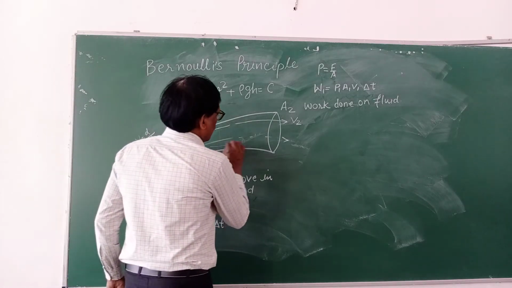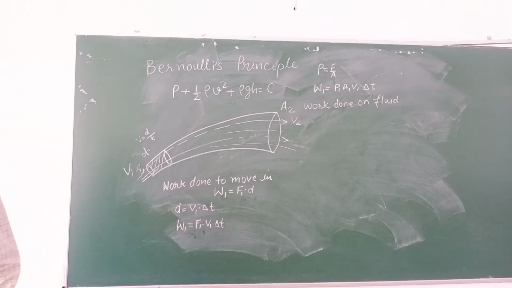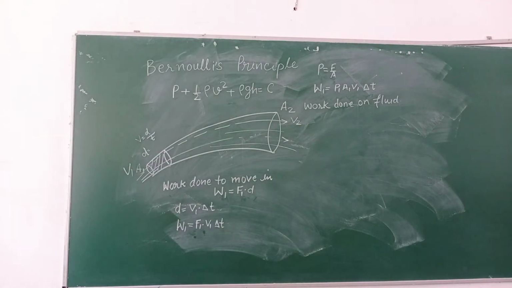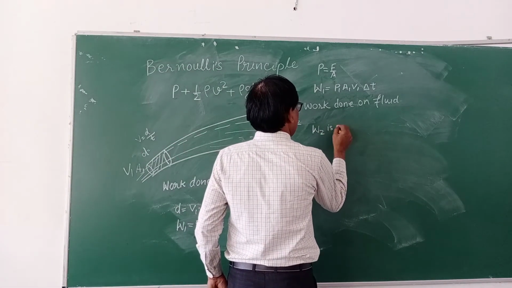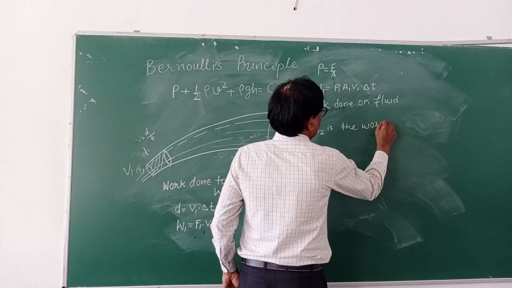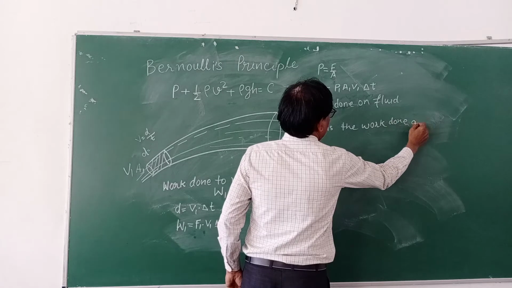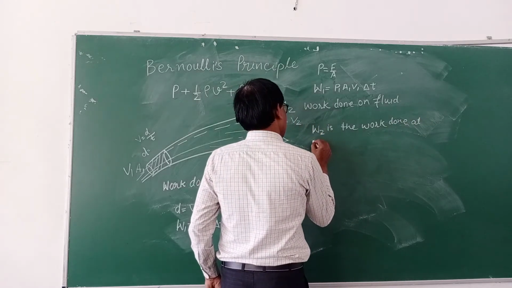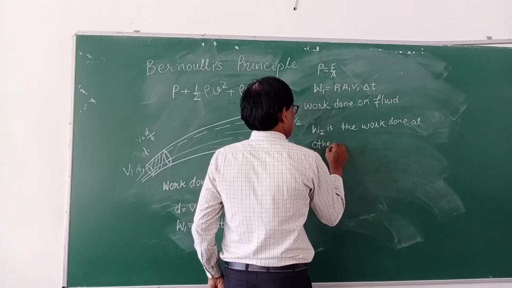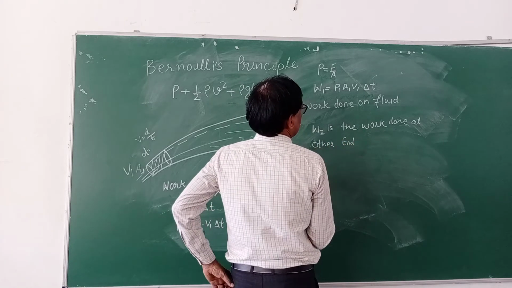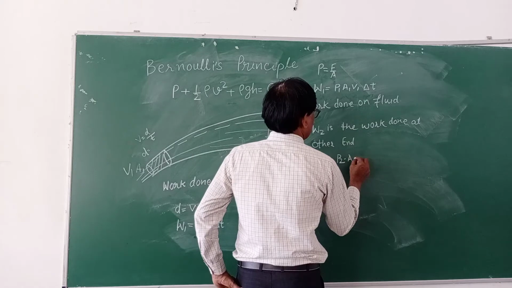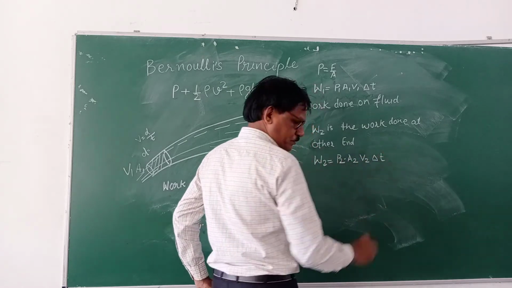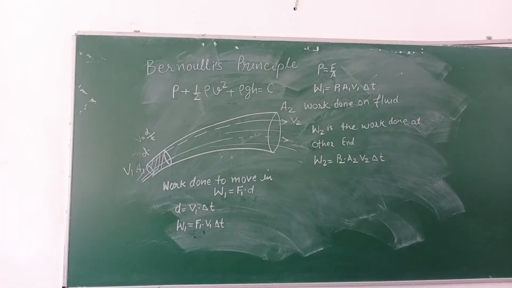Now when the fluid is moving out, here the fluid is moving out, so the work done by the fluid, W2, is the work done at the other end, and it will be P2 A2 V2 into delta t.